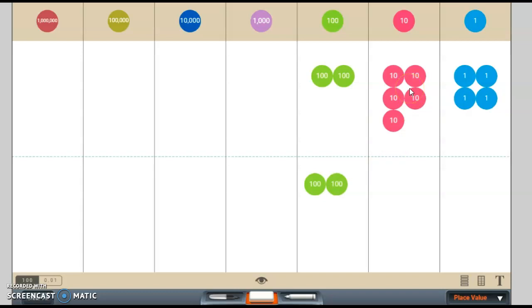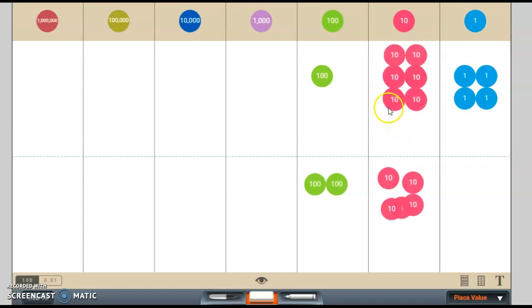Uh-oh, I only have 50. That's when I shift. I move 100 into my tens. When I drag this over, it automatically makes more. So now I can count down 10, 20, 30, 40, 50, 60, 70, 80, 90.